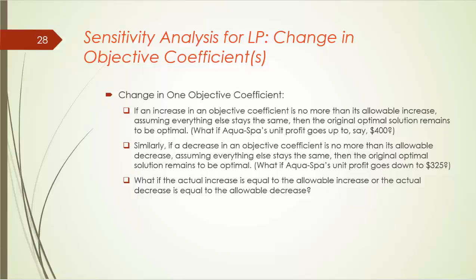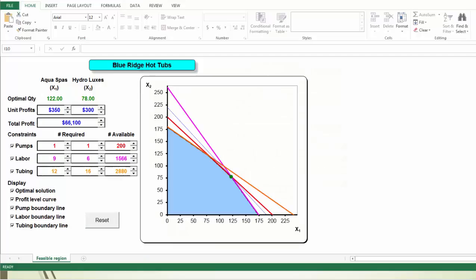To that end, we are going to turn to a pretty nice graph for our Blue Ridge example. This graph is the reason why I use this example instead of the example from our textbook. You see the graph over here shows our feasible region along with all the boundary lines and the level curve. Let's take a look.